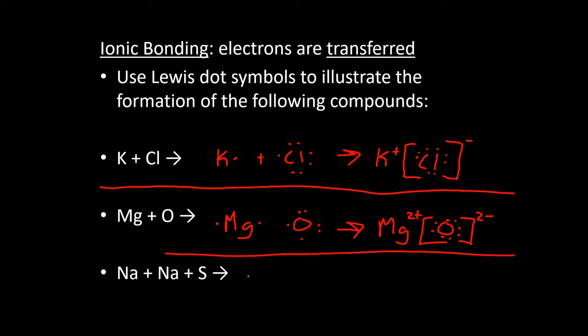This last one here is a little bit different because now we have 2 sodiums and 1 sulfur, but that's perfectly fine. So we're going to have Na with a single valence electron and then another one. Sulfur is going to have 6. And so both of these are going to be given to the sulfur.